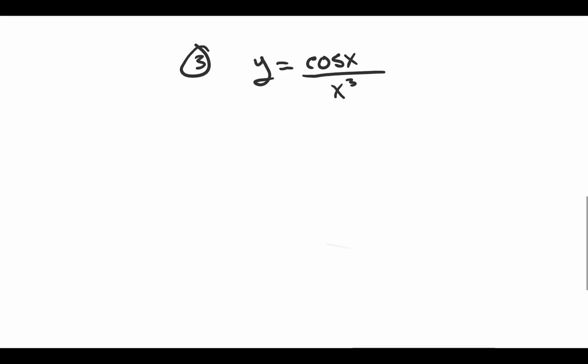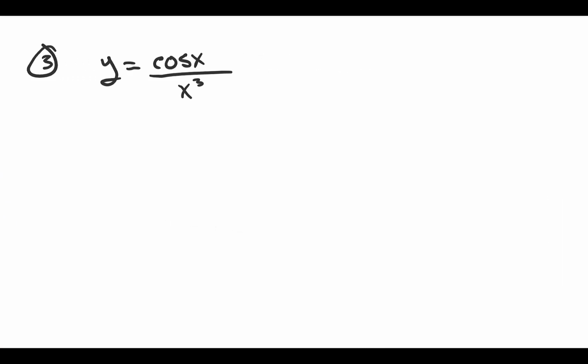Let's keep going. I look at this one and you're like, is this a quotient? And it could be, if you'd like it to be. But I prefer the product. Maybe we just say it's cosine of x times x to the negative third, and we could just do product rule again.